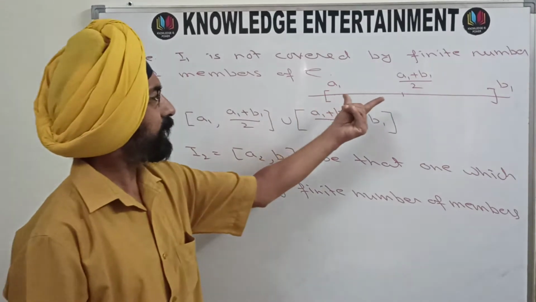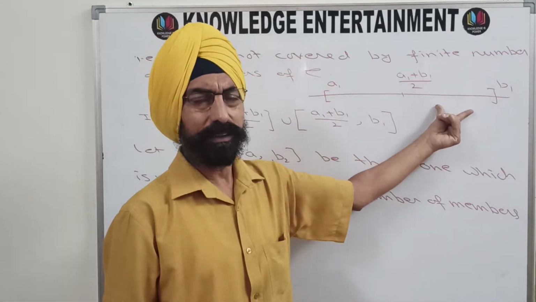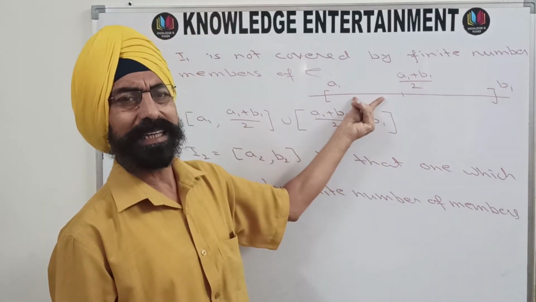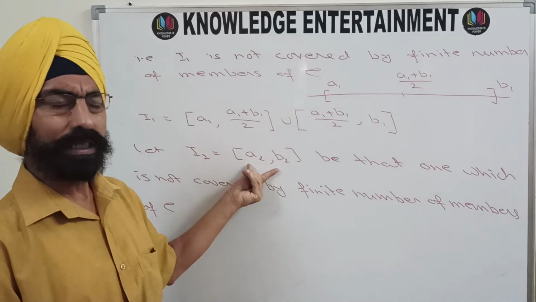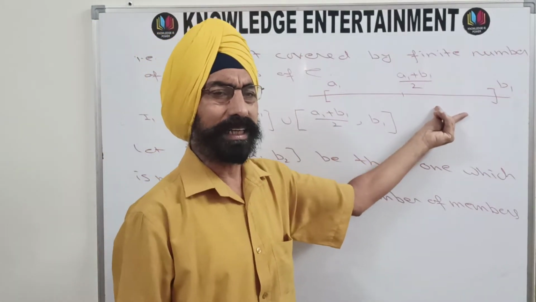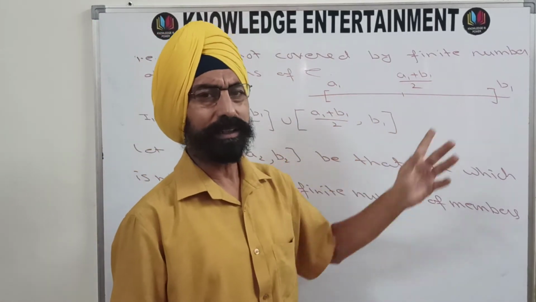A2 B2 is either this first interval or this second interval. If it is not covered by a finite number of members of C, we will rename it as A2 B2.